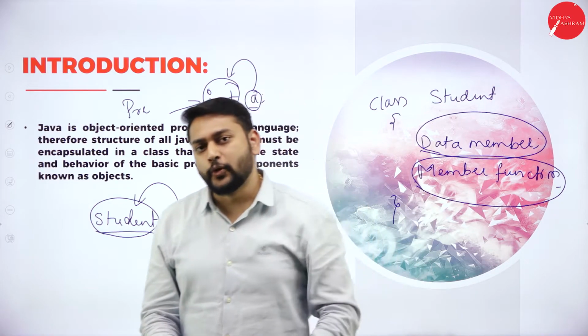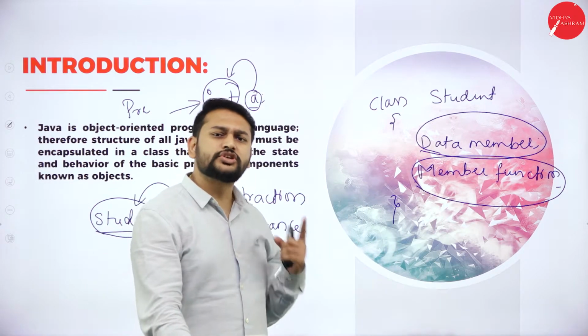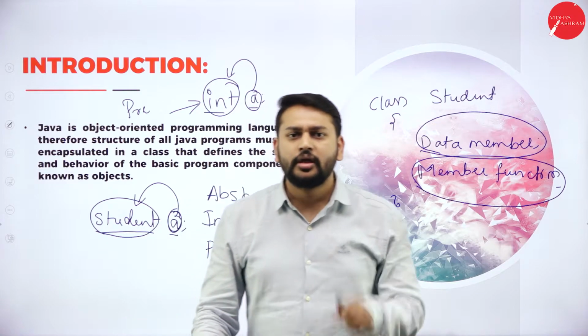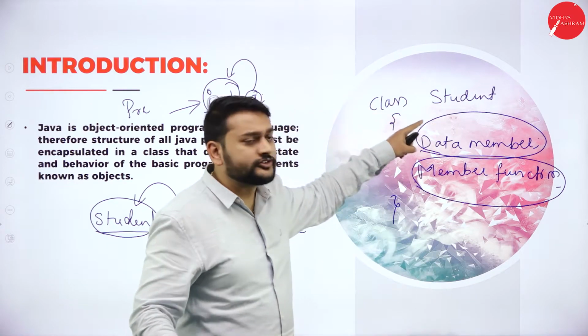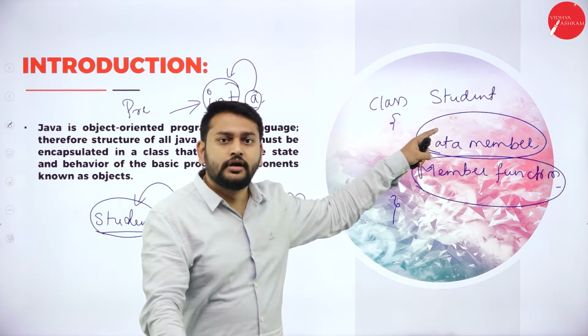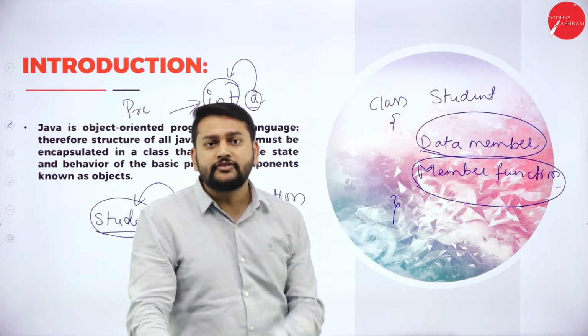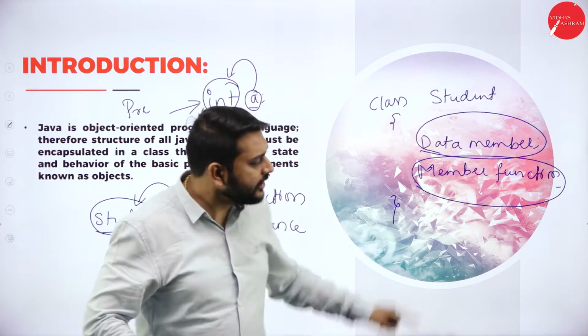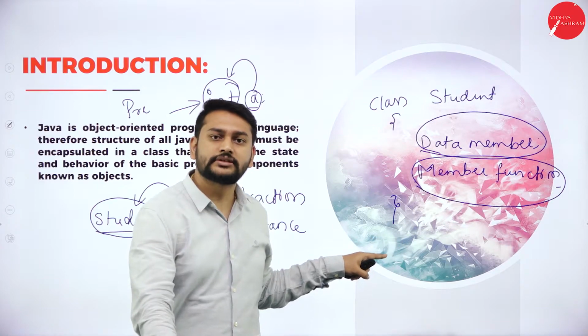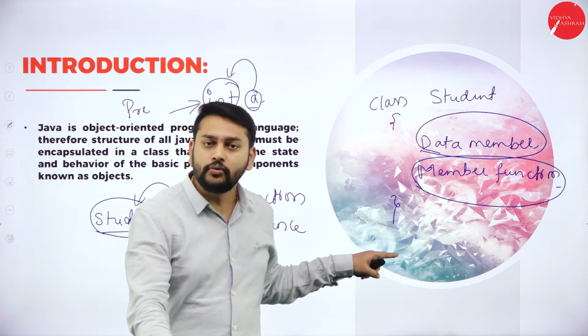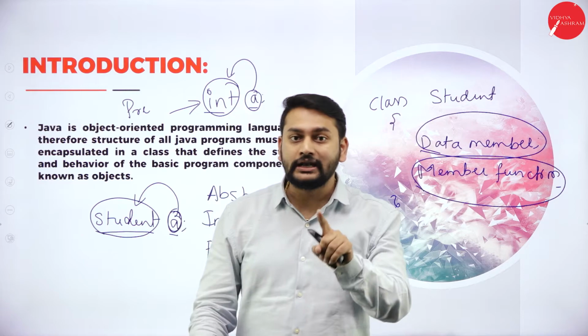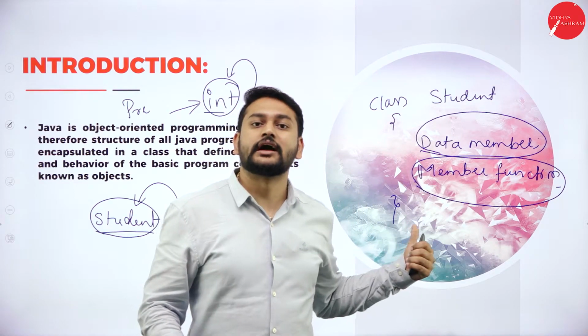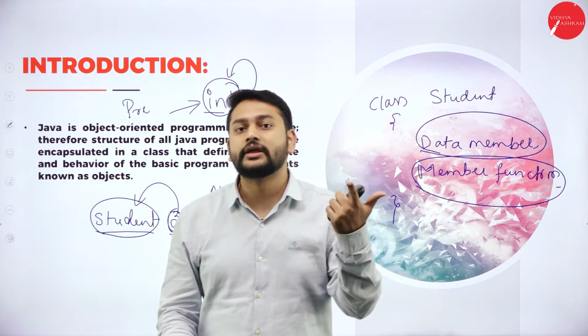So fine, sir, you spoke about the classes. Then what are objects? Imagine I am creating the class for the student. I have 60 students in my class. Should I write the same class program 60 times? No. I will create the replica of this class 60 times. How do I create it?